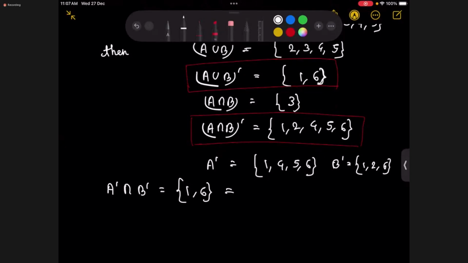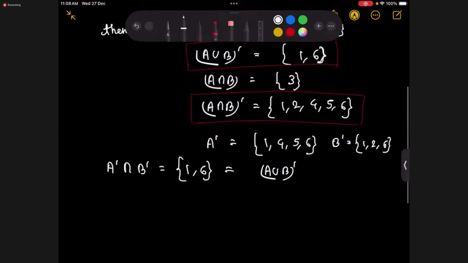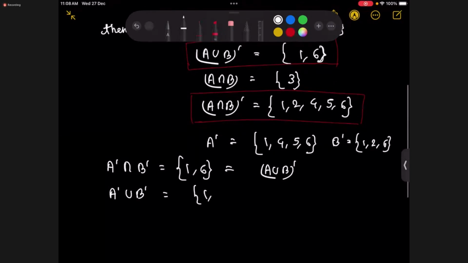So this is nothing but the complement of A union B. Also check one thing, what about A complement union B complement? That is equal to {1, 2, 4, 5, 6}. So this is nothing but the complement of A intersection B.